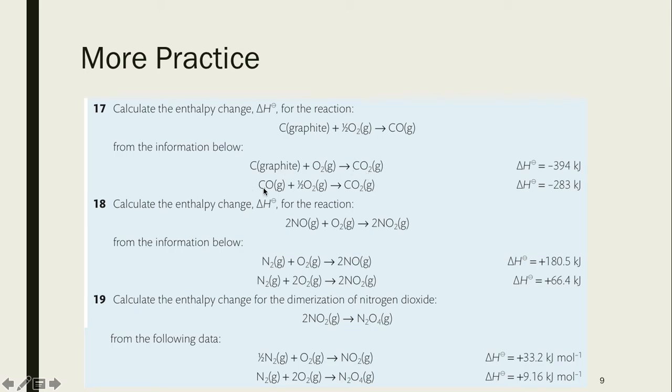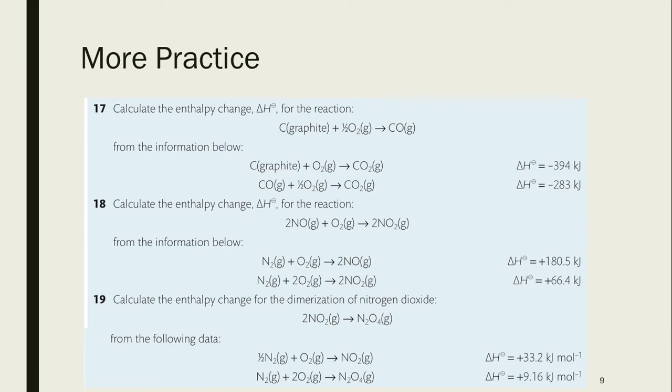Looking at the second equation, carbon monoxide is a reactant, but we want it to be a product. That means we have to flip this second equation, which means if we flip the sign, we get positive 283.